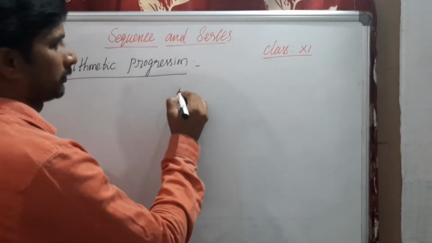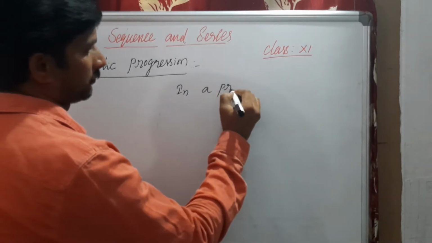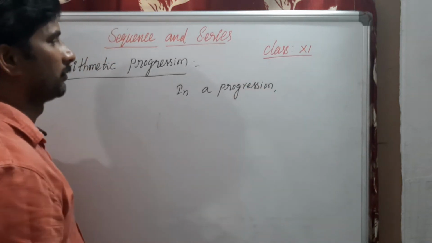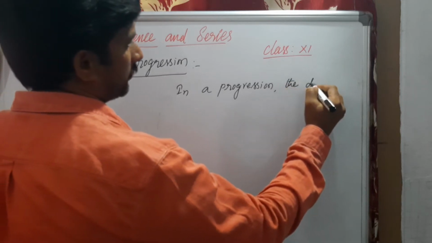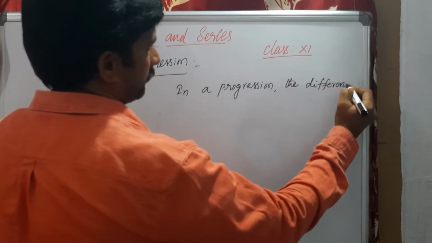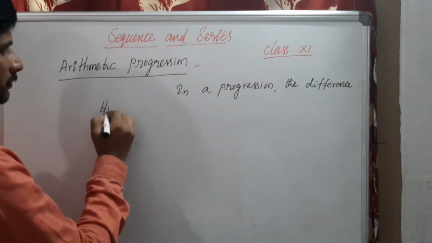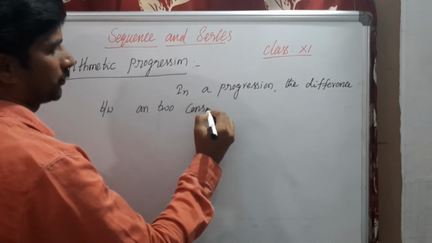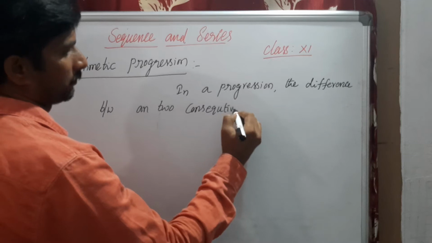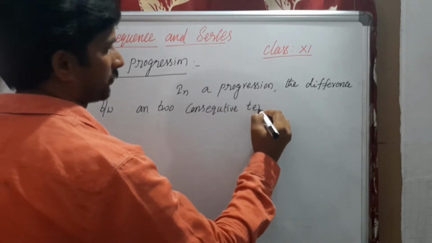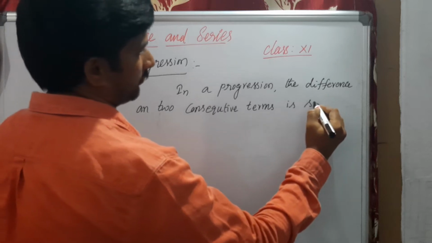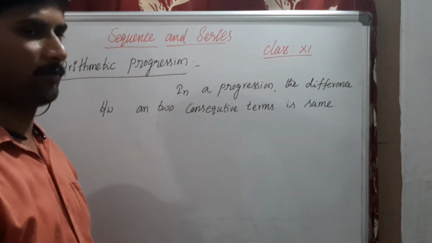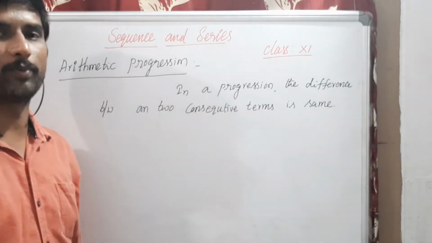In a progression, the difference between any two consecutive terms is the same. The difference between any two consecutive terms is the same, then the progression is called an arithmetic progression.